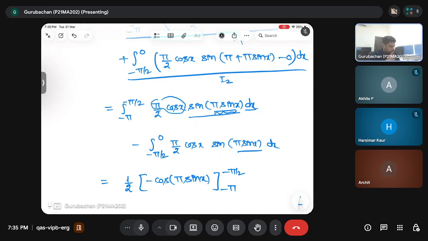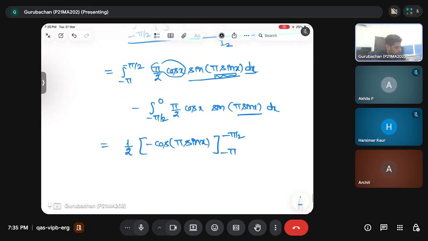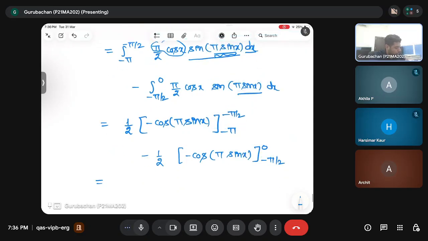Yes, sir. In the same way, this will be minus cos pi sin x from minus pi by 2 to 0. So from the first one, this will be minus cos pi.